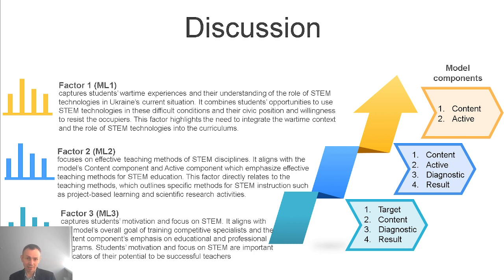The model suggests that the content of STEM education programs should include scientific research and practical learning activities. The diagnostic and result component of the model identifies methods for diagnostics and effectiveness of STEM education, including surveys and evaluation of students' work. The third factor captures students' motivation and focus on STEM. It aligns with the model's overall goal of training modern specialists and the content component's importance on educational programs.